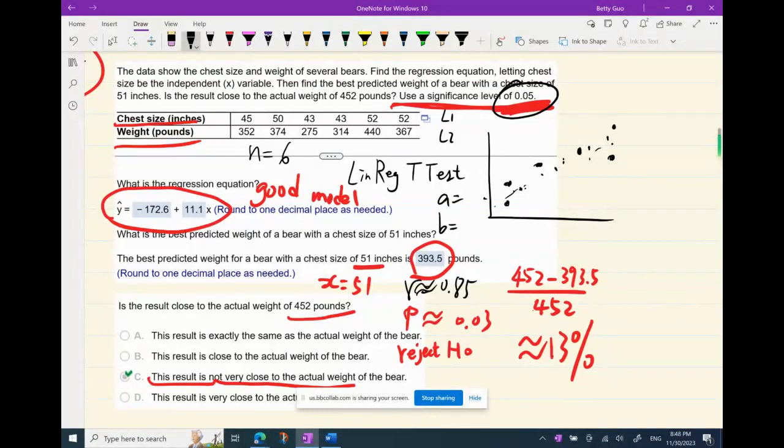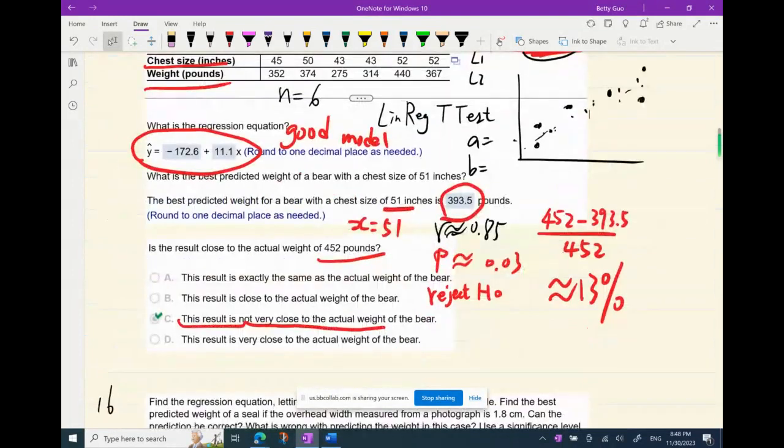If you have a big chest, you have a big weight. Have you seen anybody have a very big chest and a very small weight? I think they definitely have a positive correlation here. It's just the sample we have is very small and makes the prediction not very accurate. But this is probably the best they can do, right?